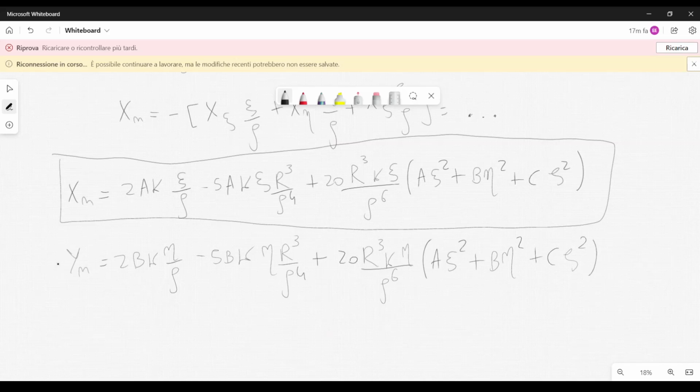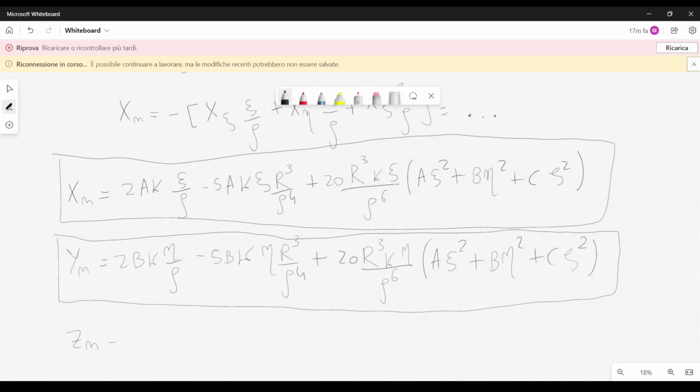So you can simply obtain the expression for yn from xn, and you just have to use symmetry, because for example in this first term I have simply substituted a with b and xi with eta, and similarly for the other terms.